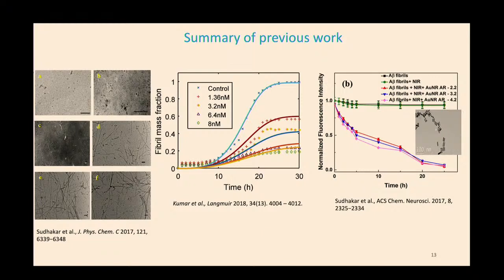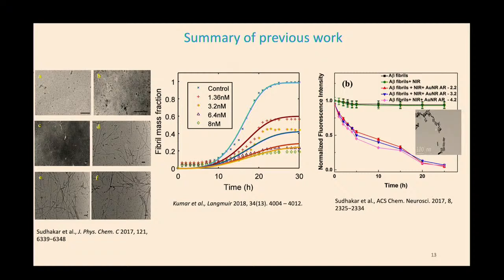This is the control, that means only protein is allowed to aggregate, and you see all the monomer goes to a completely aggregated state. If you want to prevent this aggregation, you can treat them with nanoparticles, chosen with respect to size and charge and so on. Depending upon how much nanoparticle you put, you can arrest or prevent the formation of aggregates. So we know some mechanism by which we can interfere with the course of kinetics.